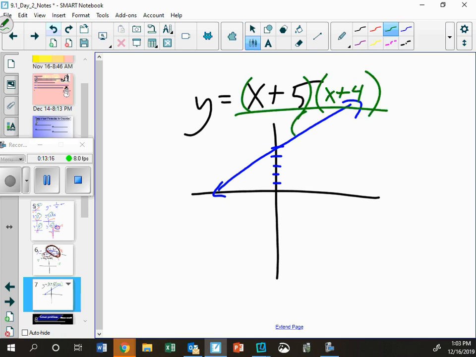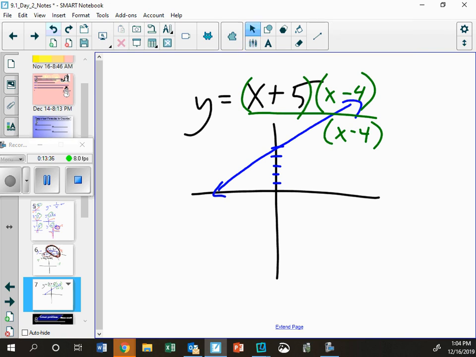Like this? Then that means this function, wherever 4 is. Wait a minute, I should have said -4. Hold on, just hold on. Okay, would everybody please change that to x -4 and x -4?